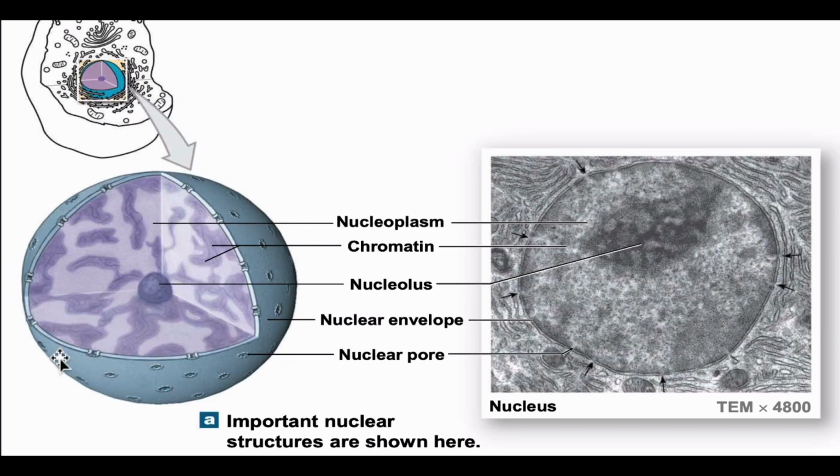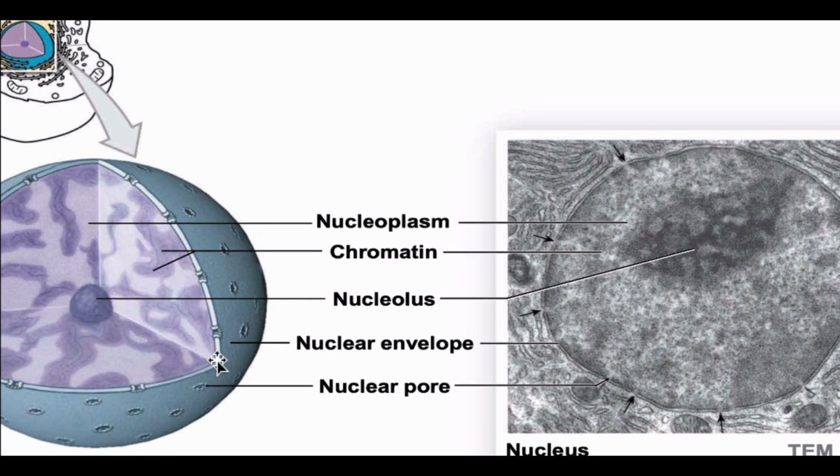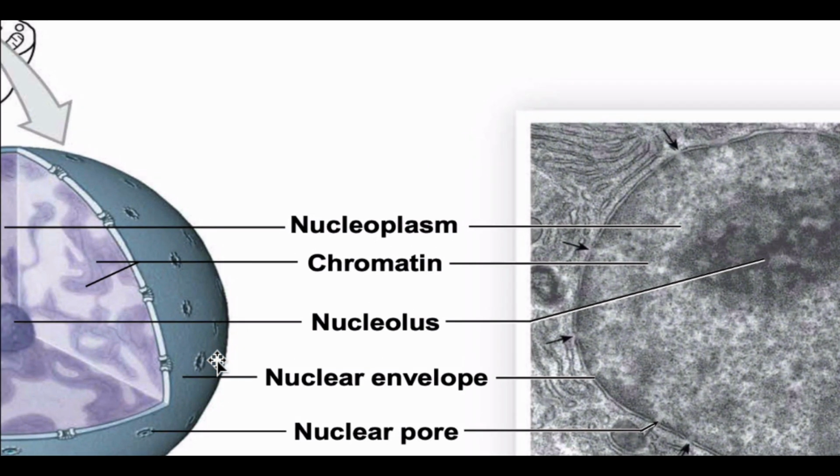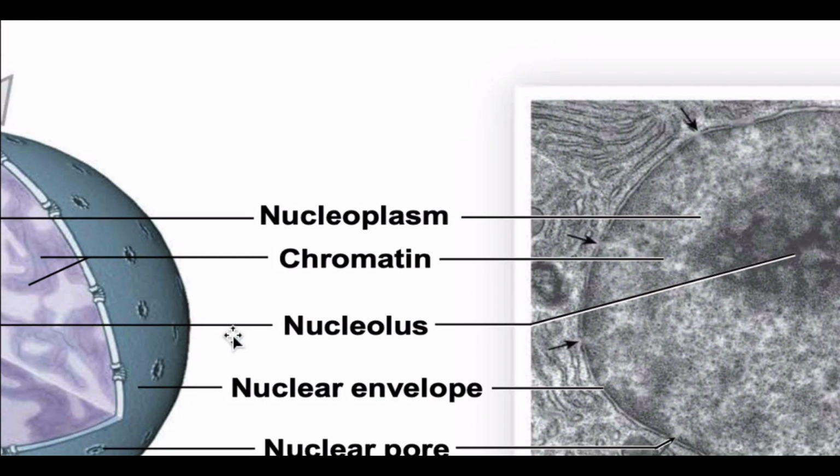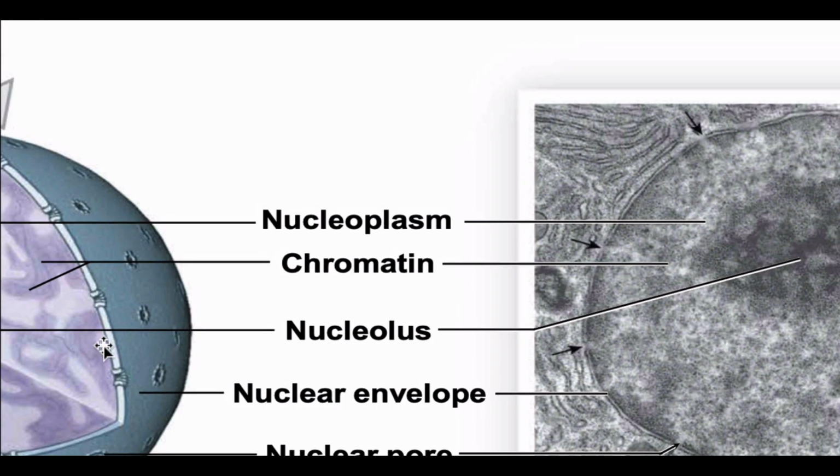If you look over here, this is that double membrane. If you zoom in, you can see here 1, 2, and these are the nuclear membrane. The perinuclear space is this part that's lighter in color, between the inner membrane and the outer part.